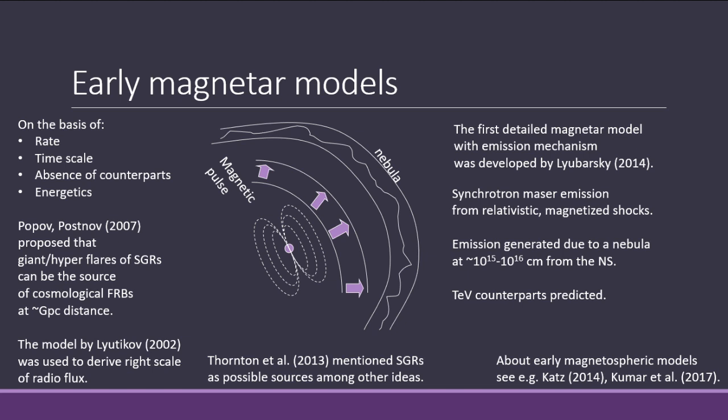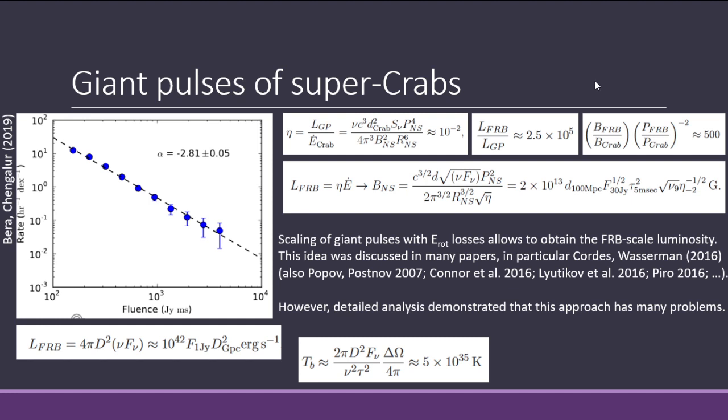But already at that time we could refer to the model by Maxim Lyutikov, published a few years before. And later on, magnetars attracted much interest in relation to fast radio bursts. And as I said, now it's the idea number one. And there are many models proposed, developed with quite complicated physics. And this story definitely is not finished. So there are lots of things to be done.